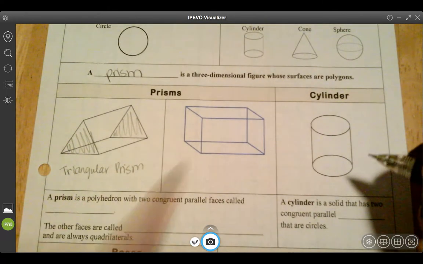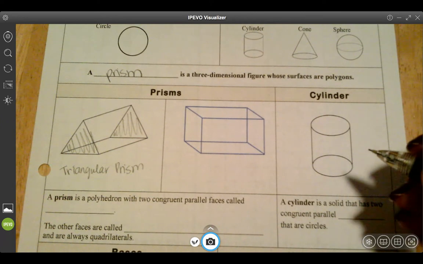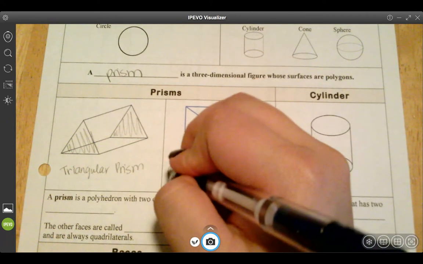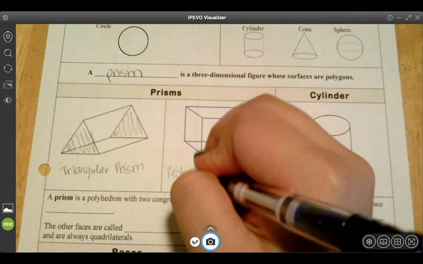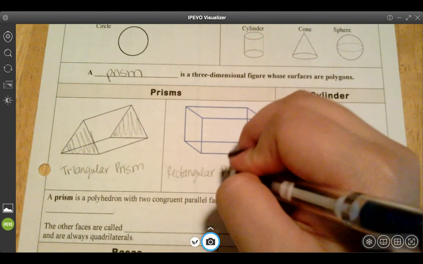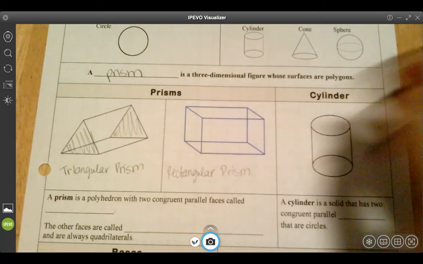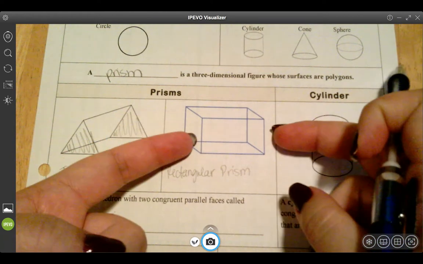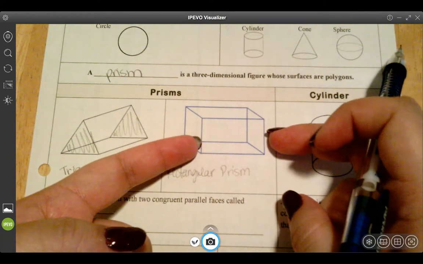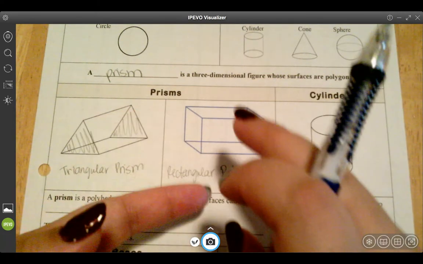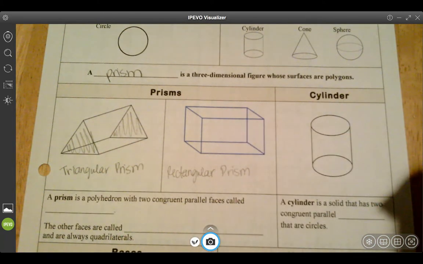And then we have this prism where all of the sides are rectangles, and so this is a rectangular prism. What's special about rectangular prisms is that I could choose these 2 sides to be the bases, the parallel sides. I could choose the front and back, or I can choose the top and bottom, and all 3 of those pairs make parallel sides.